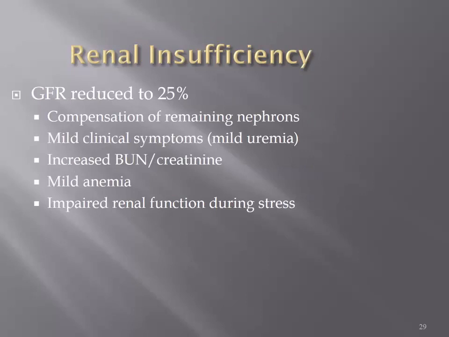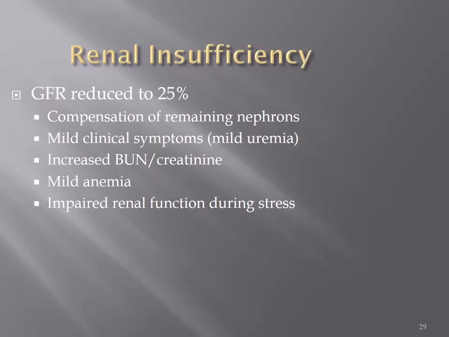Renal insufficiency occurs when, again, GFR is reduced to 25%. The patient will still have mild clinical symptoms related to mild uremia. BUN and creatinine will increase, maybe some mild anemia, yes, again, erythropoietin. And during stress, you would say, what does that have to do with it?